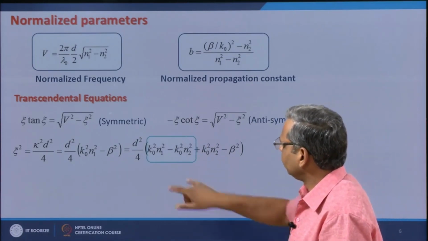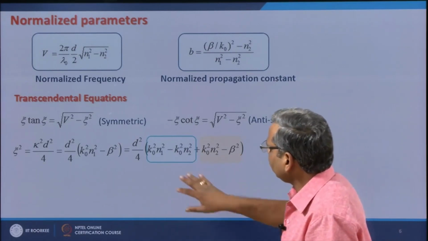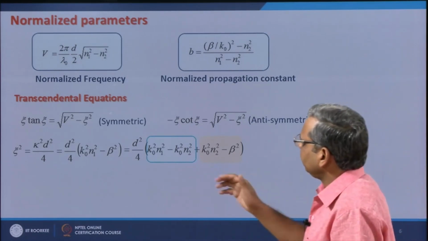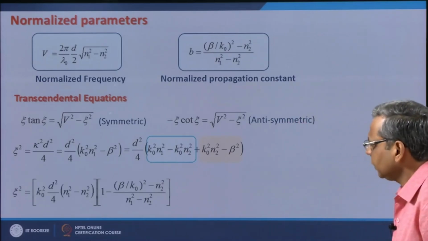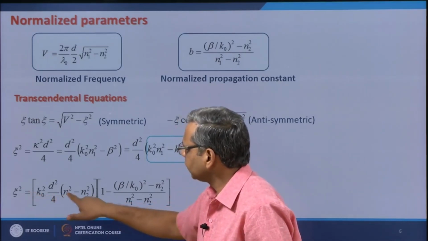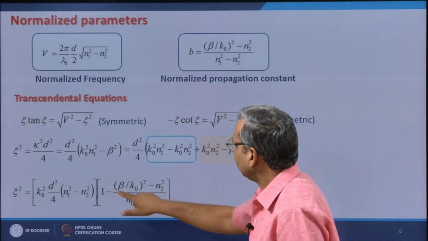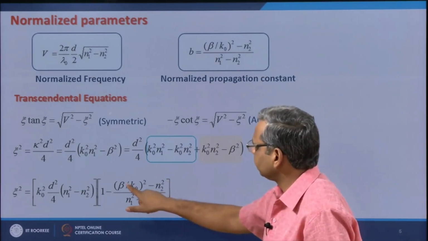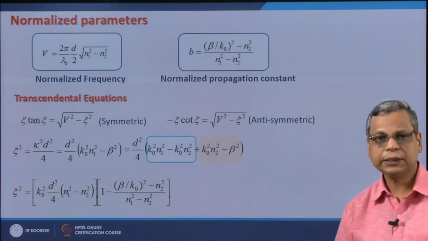I group these two terms, and I also take this term outside. Why am I doing so? Because I can immediately identify that if I club this term with this, I get V square. So, xi square is equal to k naught square d square by 4 times n1 square minus n2 square times 1, and from here I take minus outside and I write it down as beta over k naught square minus n2 square divided by n1 square minus n2 square.